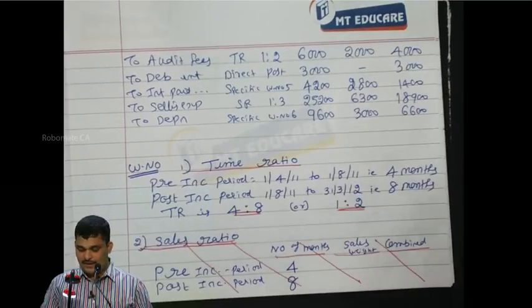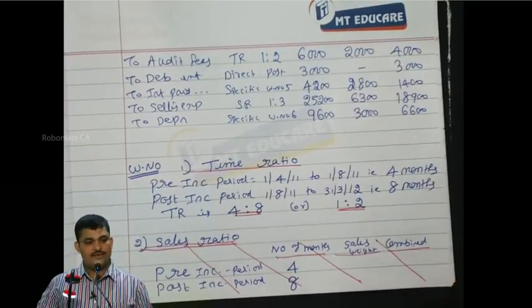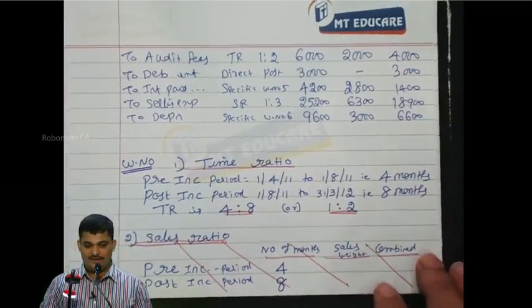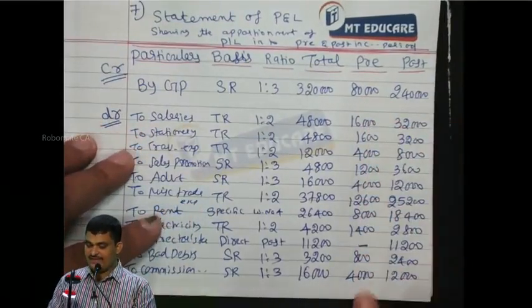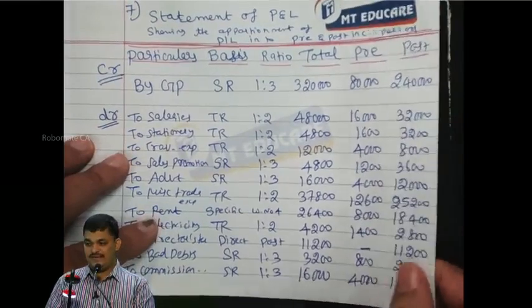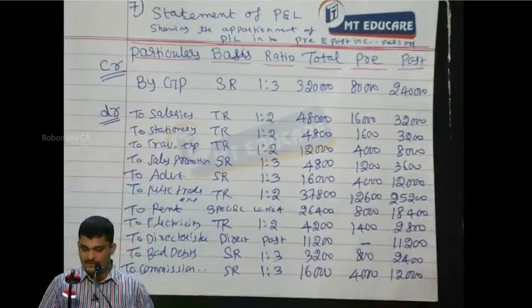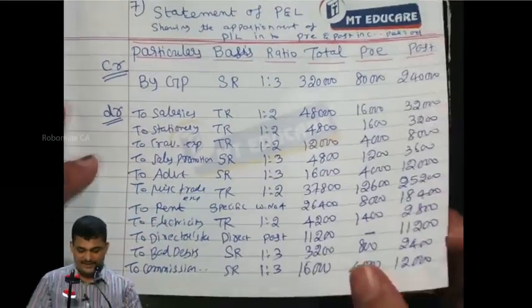Everybody? Now tell me, what is the pre-incorporation profit or loss? Take this 80,000, deduct all these items. Pre, 12,300.